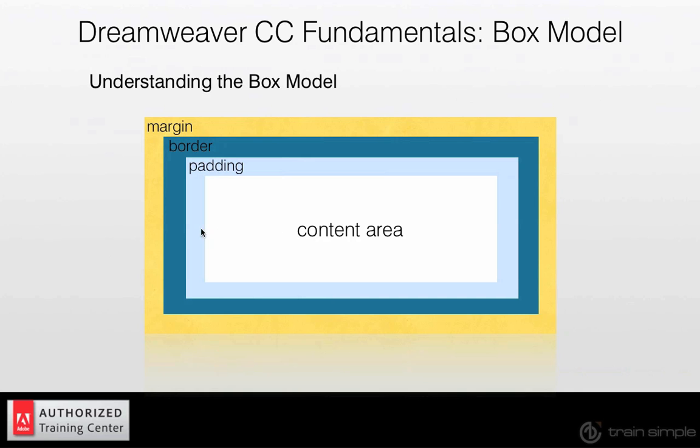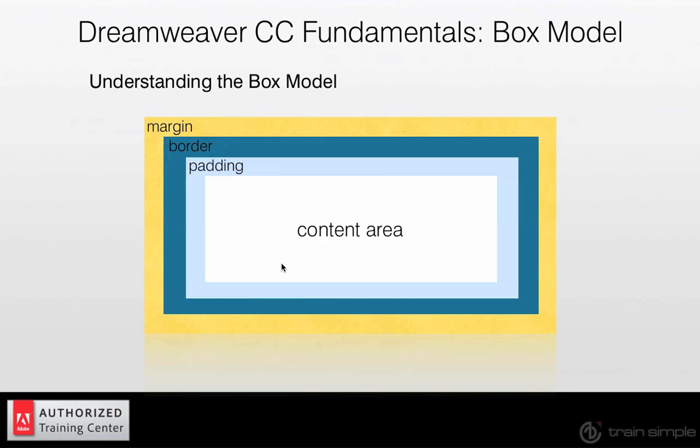So using that example, we have 5 pixels of border on the left, 5 pixels of padding on the left, 5 pixels of padding on the right, and 5 pixels of border on the right. So we have 10 pixels collectively over here on the left and 10 pixels collectively over here on the right. Add them together, you get 20 pixels. That 20 pixels is added to the width value of the content area. So if this was 100 pixels, it's now 120 pixels.